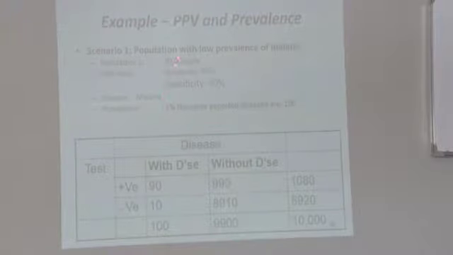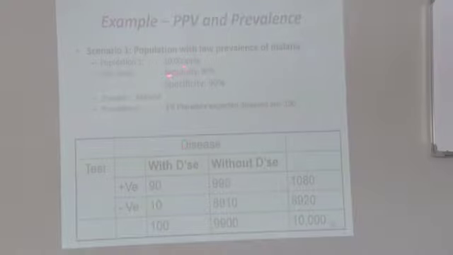So 1% of 10,000 is 100. So when we fill the 2 by 2 table, it means the people who actually have the disease are 100, so we put them down here with disease. And then without disease is 10,000 minus 100, which is 9,900. So that is that.